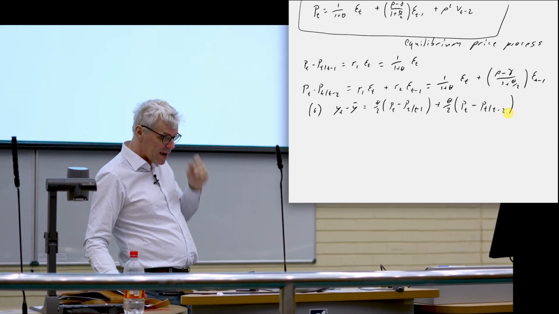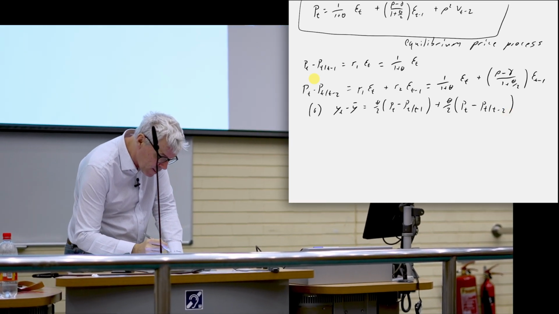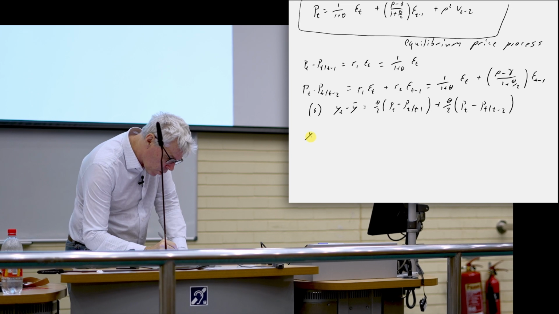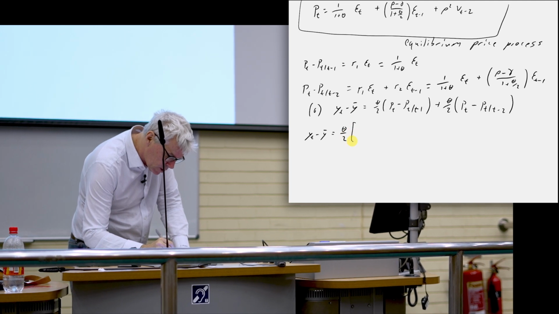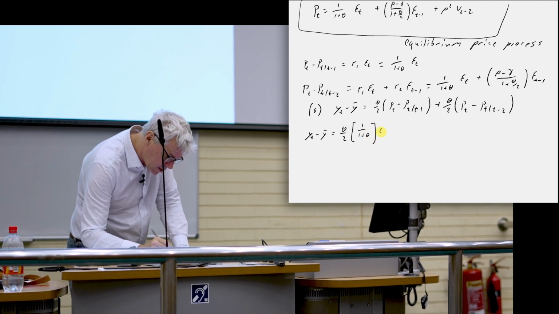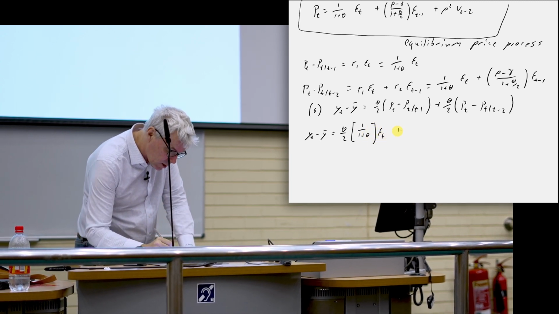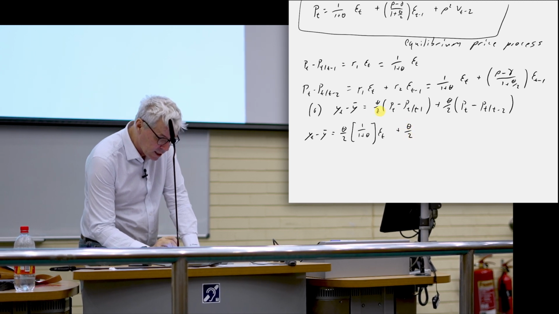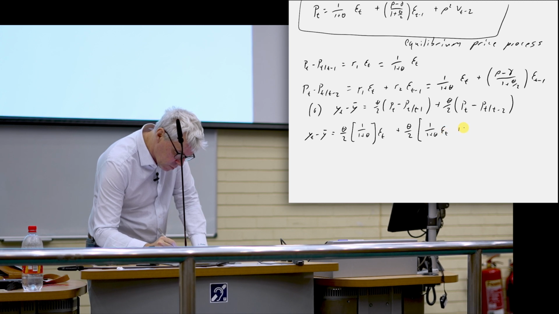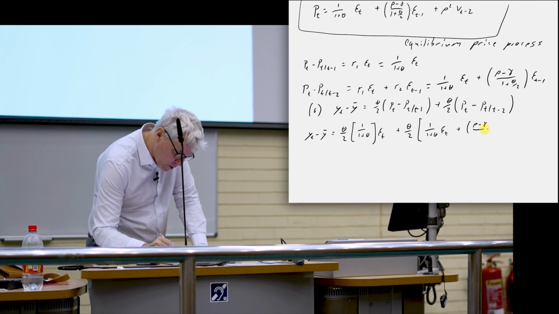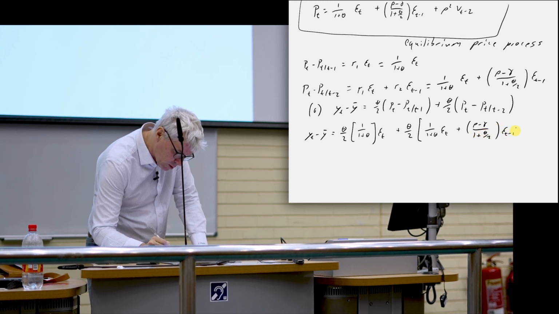So now that we have the price process, we can plug these things in, and we get yt minus y bar is equal to theta over 2 times this thing, which is 1 over 1 plus theta Et, plus theta over 2 times this 2-period price prediction error, which is 1 over 1 plus theta Et plus rho minus gamma over 1 plus theta over 2 Et minus 1.